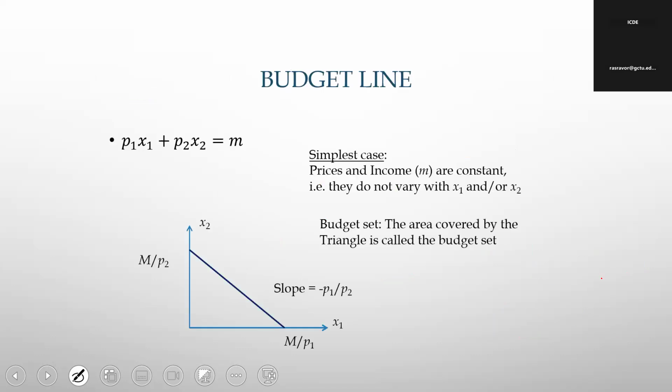Remember when you were in JHS, you drew the line of a slope. That triangle you see, in its simplest form, is what we call the budget line. The triangle you have here, I think this is the hypotenuse, right?